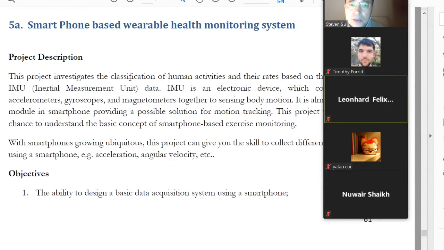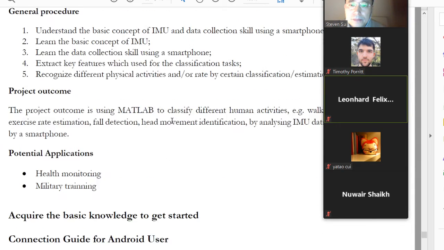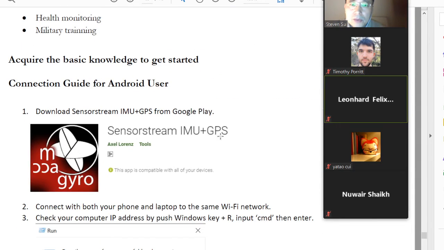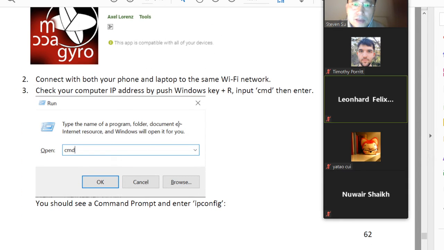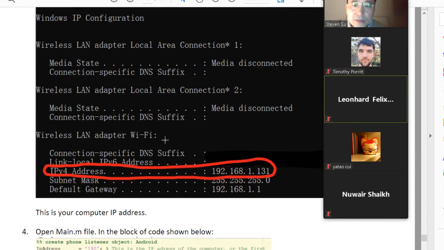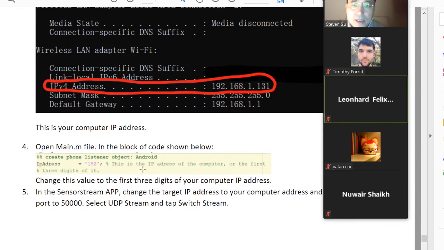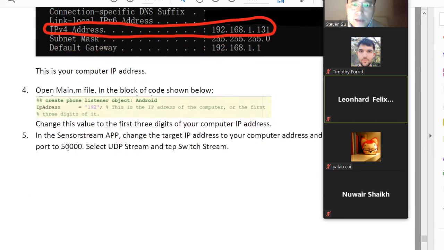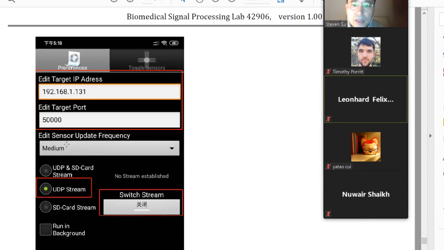If you use an Android phone, you can go here to download Sensor Stream IMU plus GPS, and then you can find the connection method. They have an IP address, you connect, and then you can start to measure.